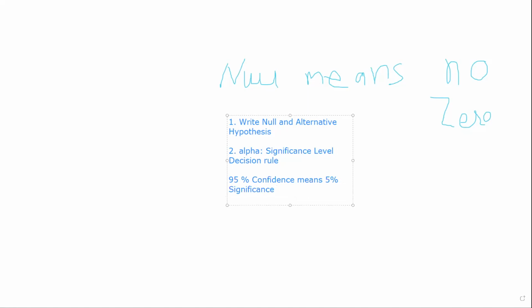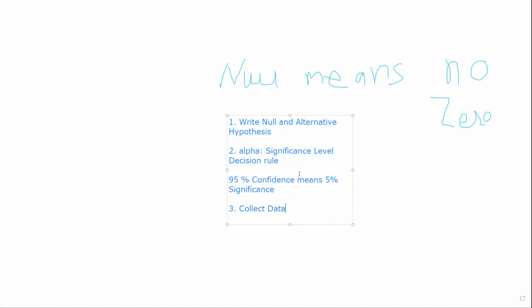Or if I say 5% significance, automatically you can say 95% confidence. So this you know very well. The third is collect data, or if you have summarized data.